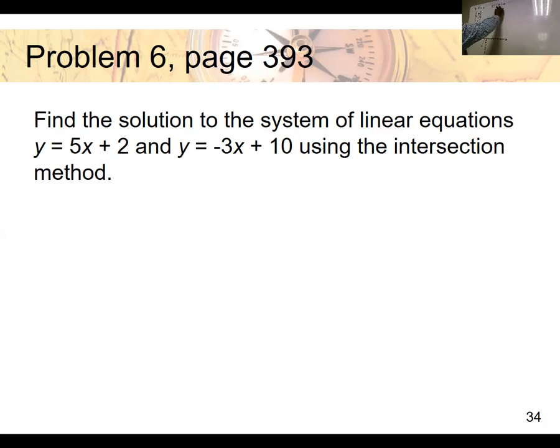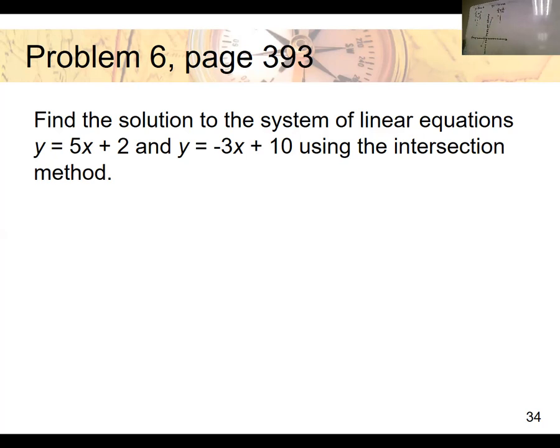And then for y equals negative 3x plus 10, I'm going to let x equal 0 here. I'm going to need to extend this y-axis a bit, 7, 8, 9, 10. Because when x is 0, y is going to be equal to 3 times 0, which is 0, and 0 plus 10 is 10.